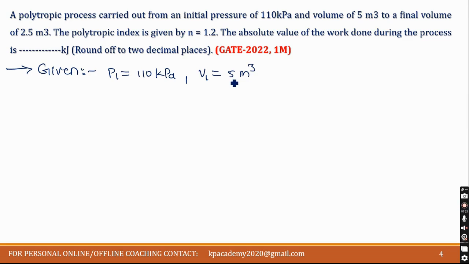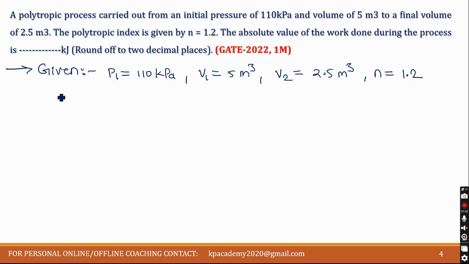The final volume is also given, that is V2, 2.5 meter cube. So it's nearly half the volume. Then the polytropic index is given, n equal to 1.2.